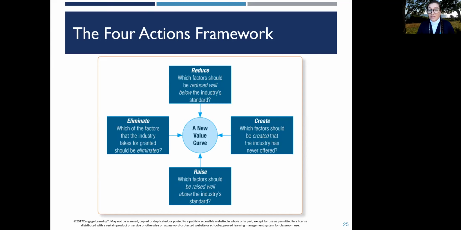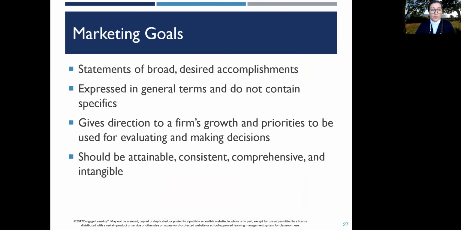Or do we need to look at completely different key success factors? And when we look at these 4 actions of eliminating, reducing, increasing, or maybe reinventing the key success factors in an industry, we end up with a new value curve, and effectively we move into a blue ocean space. Right.